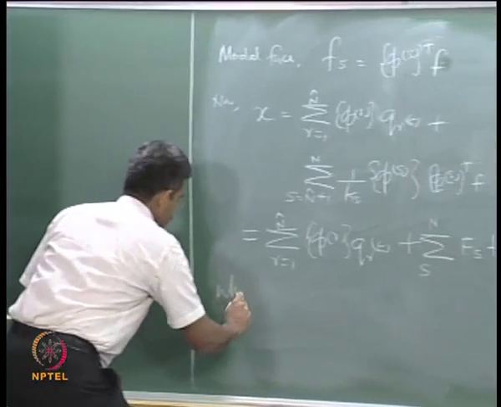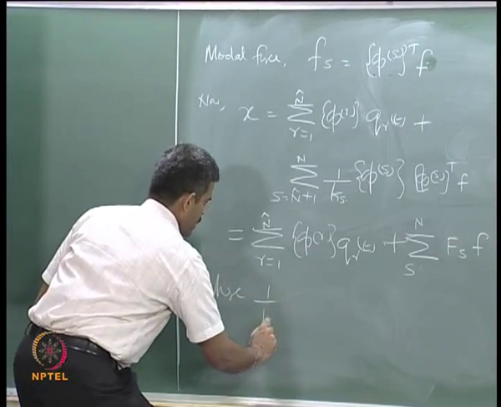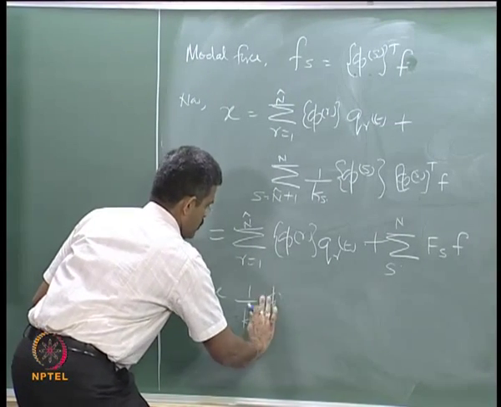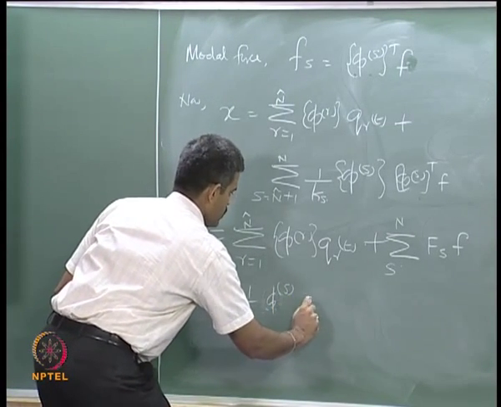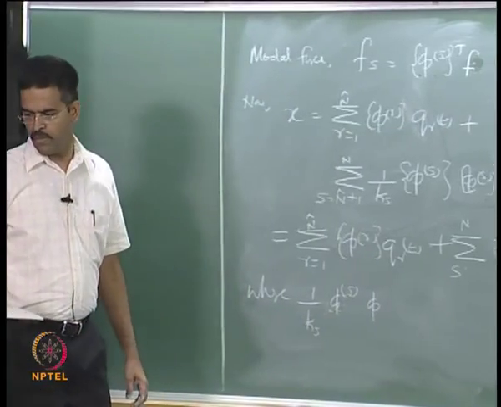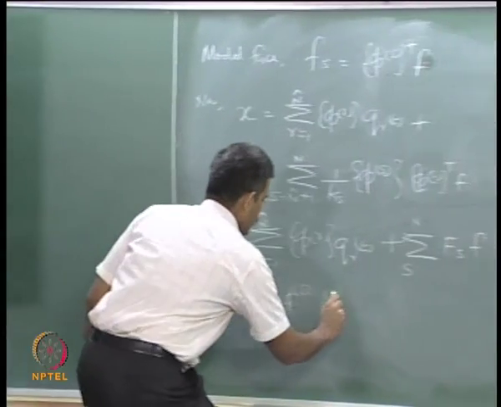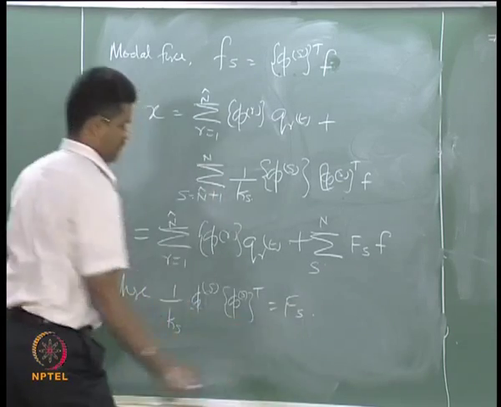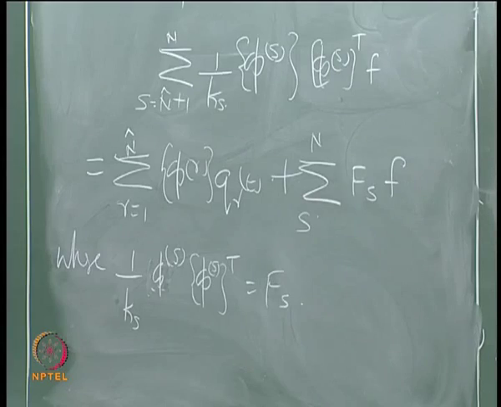Where 1 by Ks of phi s of phi s transpose is what I call as Fs. What does it represent?